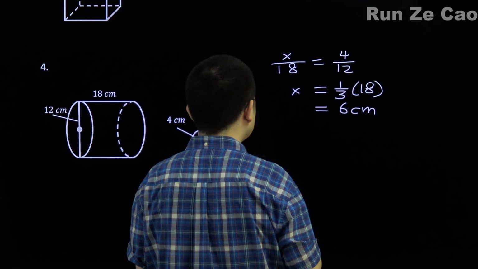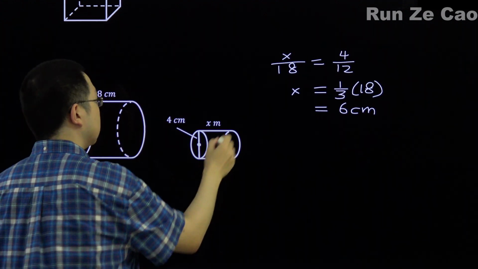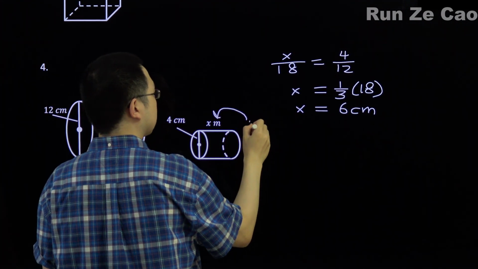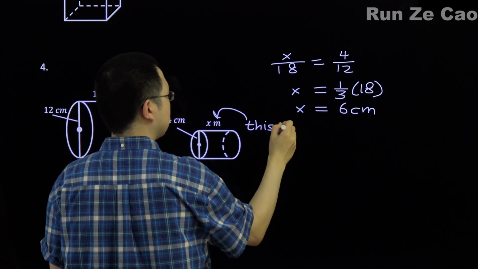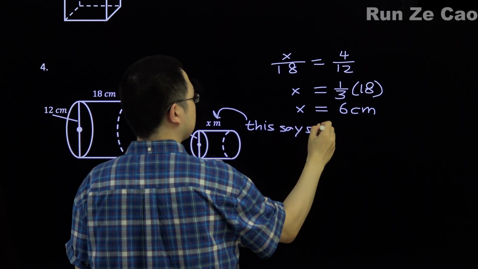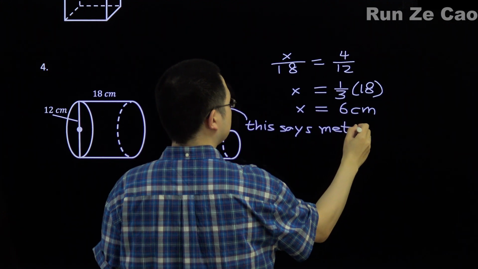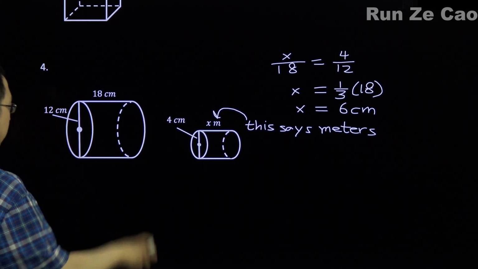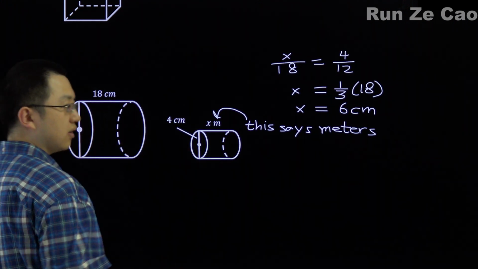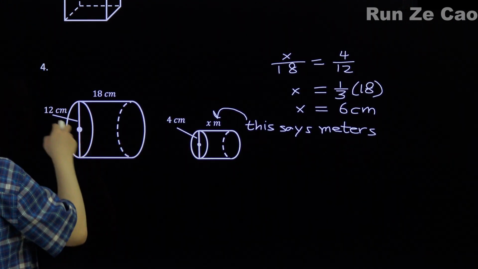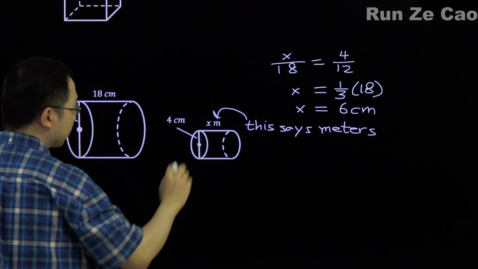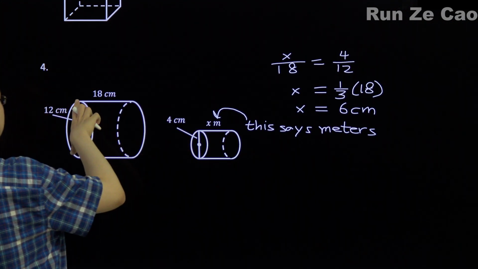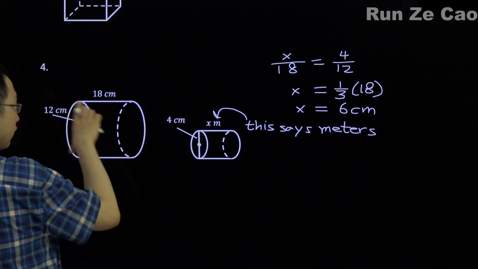Right? We have an issue here, guys. So x is 6 centimeters, but this is in meters. Says meters. Oh, right. Also, when you're comparing things, make sure that you keep an eye that both of these are diameters. For example, this could have been a radius and this the diameter, or vice versa.